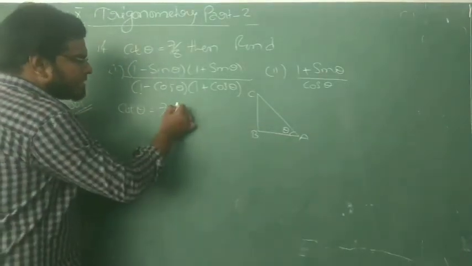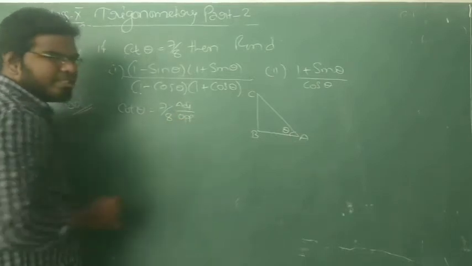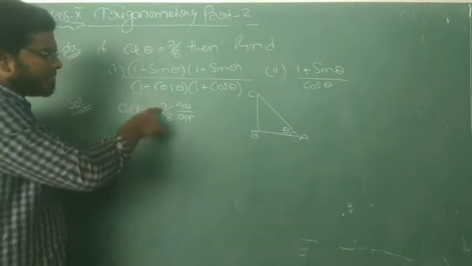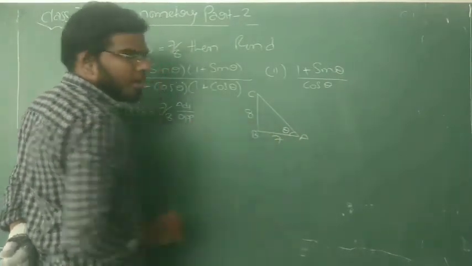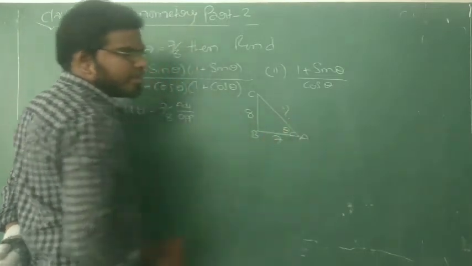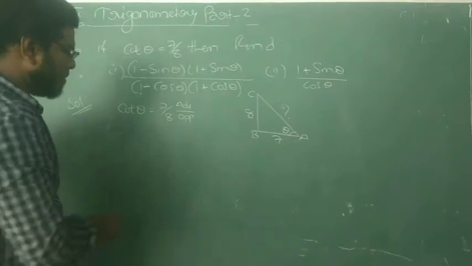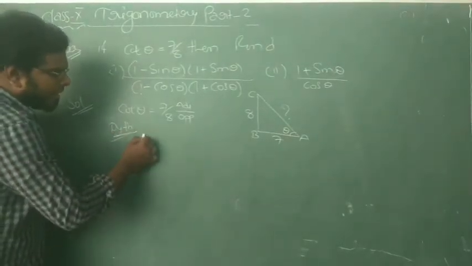Now cot theta is adjacent side by opposite side. In these three, which one is the adjacent side? This one is adjacent and this one is opposite. Now we have to find this one. How can we find it? Using the Pythagoras theorem. Directly write Pythagoras.